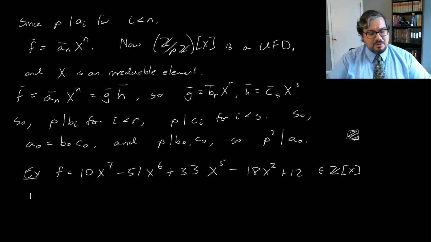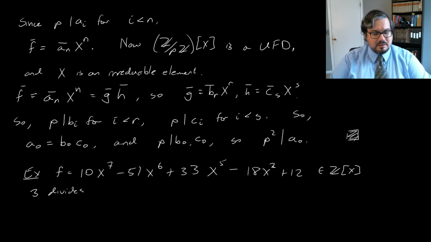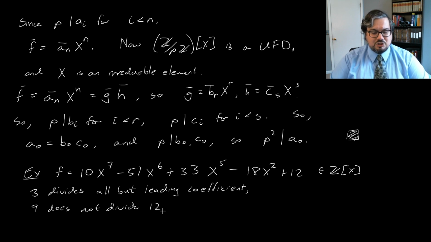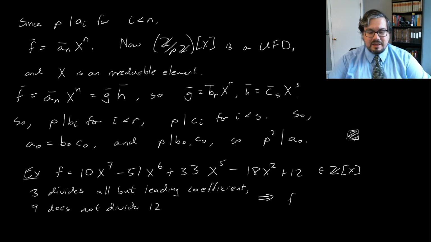And so we can notice that the prime number 3 divides all but the leading coefficient, but we can notice that 9, the square of that, does not divide the constant term 12, and therefore f is irreducible in Q adjoin x by Eisenstein's criterion.